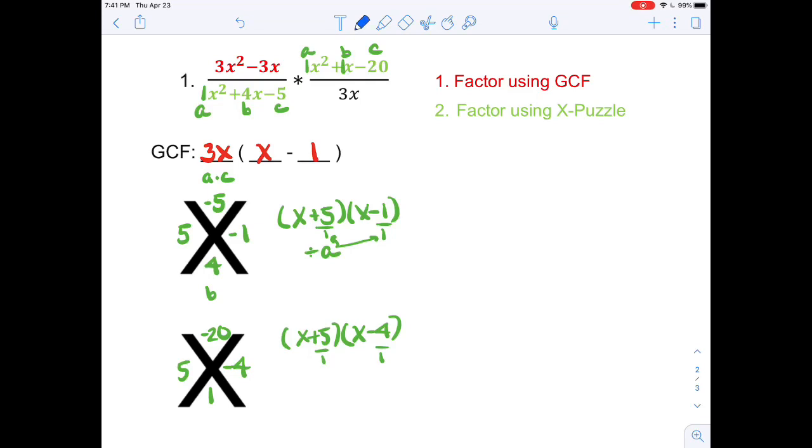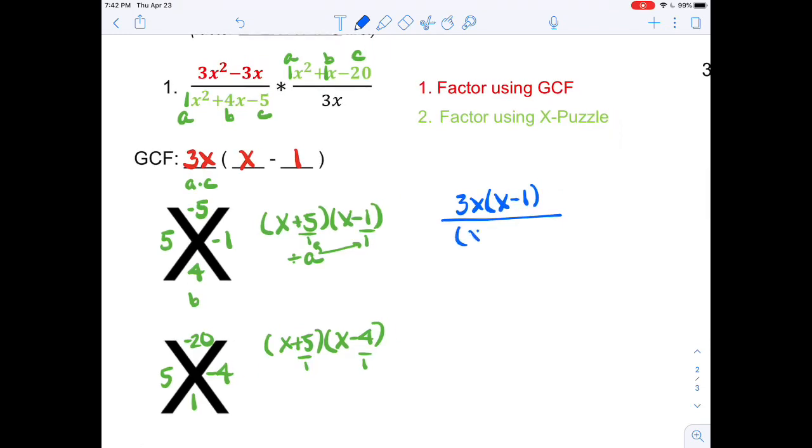So let's go ahead and rewrite the original rational expressions in their factored form. We had 3x times x minus 1. And if I look at the denominator of that one, I had an x plus 5 and an x minus 1.